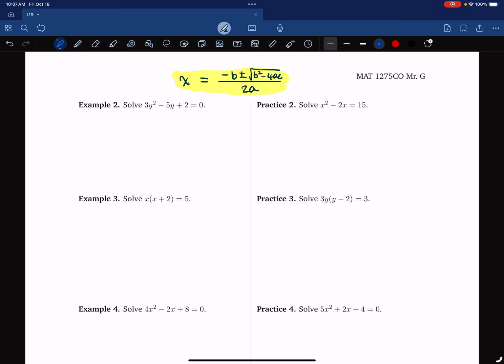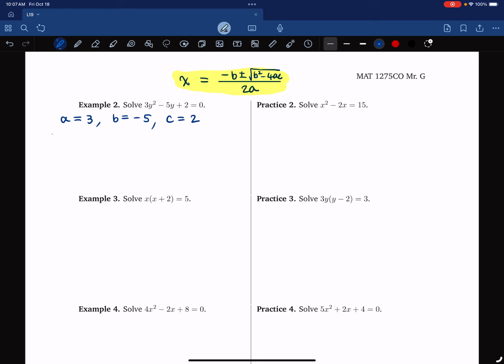And the next thing you're going to do is write down the values of a, b, c. So a will be 3 in this case, and then b is -5, and then c is +2. Don't forget the negative sign for b. And then you could plug into the formula, or you could do something like I do.